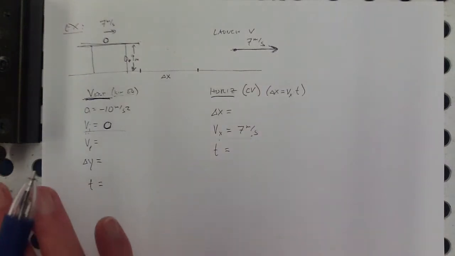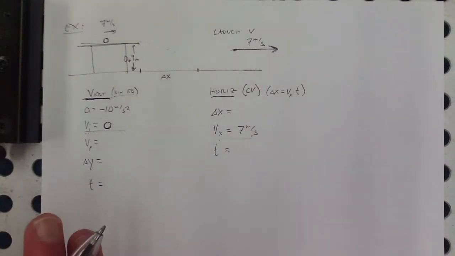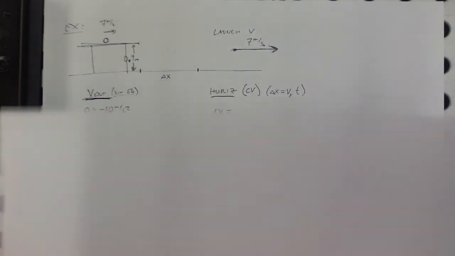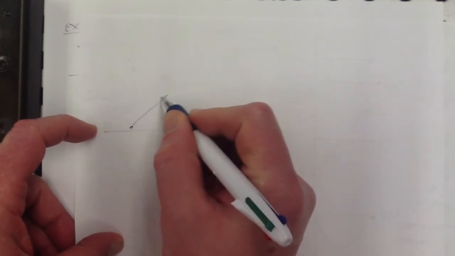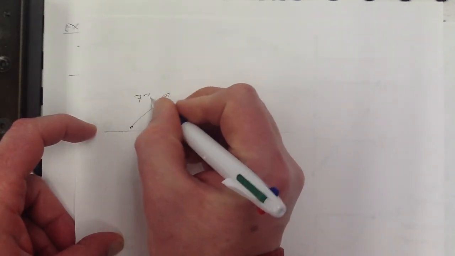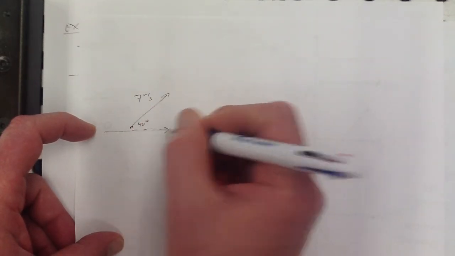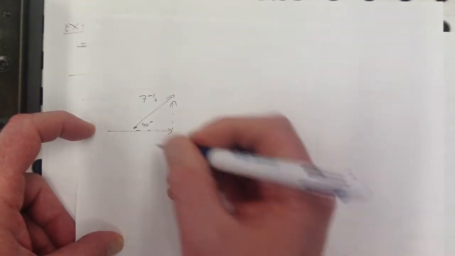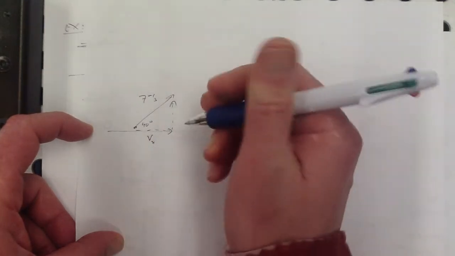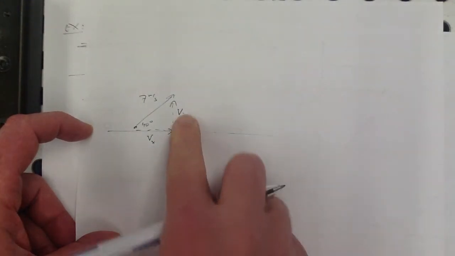Just to give you a little bit of a preview, I don't want you to put this in the notes right now. We'll get to this in a couple days. But eventually when we start launching things at an angle, let's say my 7 meters per second was like this, and this was launched at 40 degrees, well then you've got a horizontal part and then you've got a vertical part. The horizontal part is the Vx and this is the Vi, right?